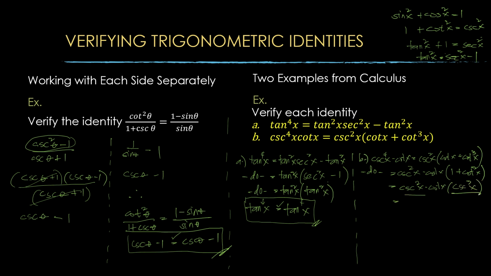They are basically the same base, so you add the exponents. Therefore, I have cosecant of x raised to the fourth power multiplied by the cotangent of x. And that is equal to the left-hand side of the equation. Okay?